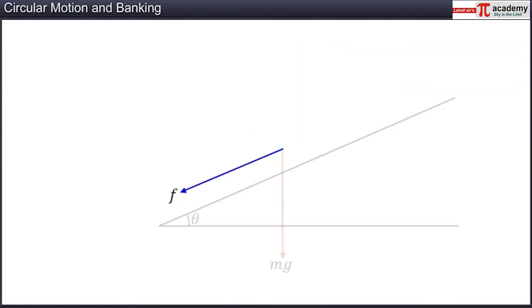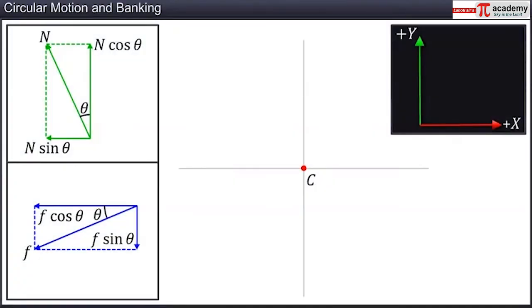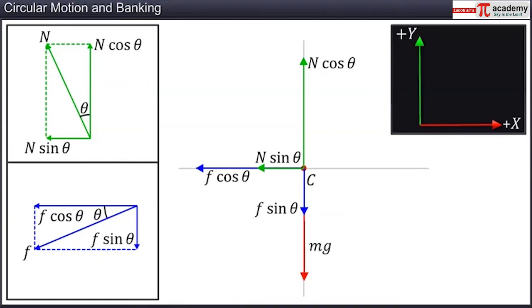Similarly, the frictional force F can be resolved into its horizontal component F cos theta and vertical component F sin theta. We can represent all the components of all the forces at a point C, along with the weight mg as shown.